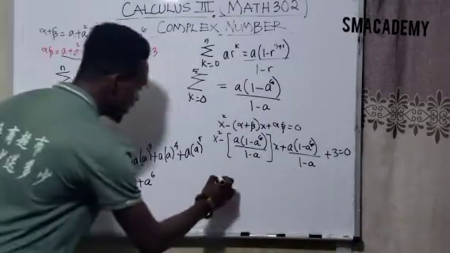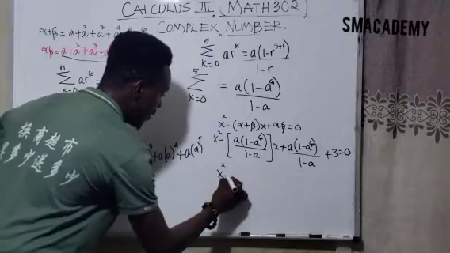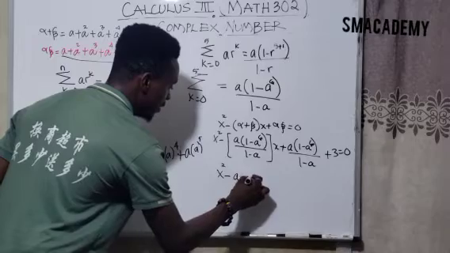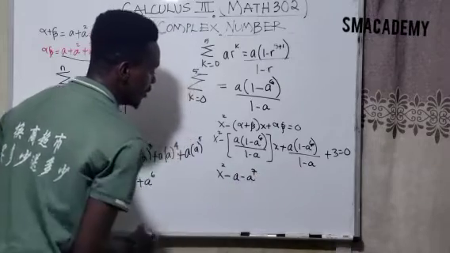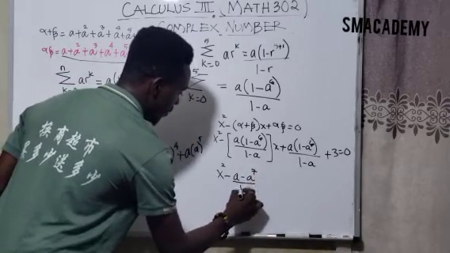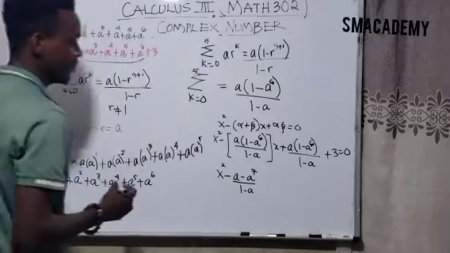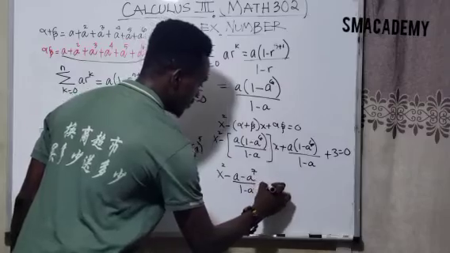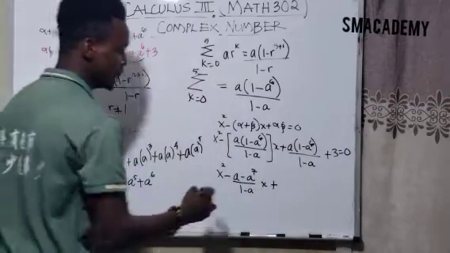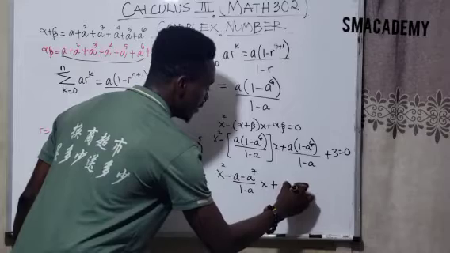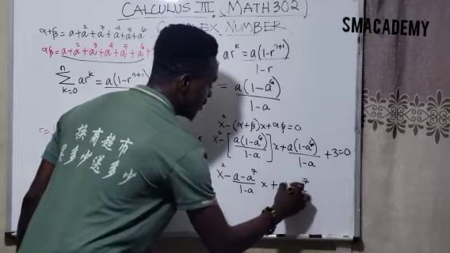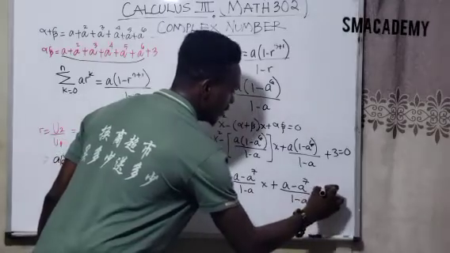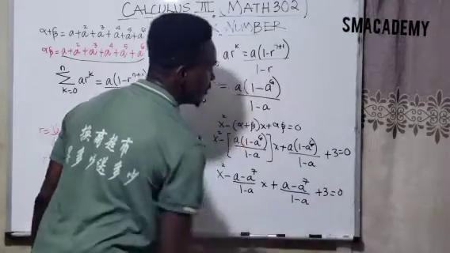So if we simplify, we'll have x squared minus, multiplied by a in parentheses, a minus a to the 7th power divided by 1 minus a, times x, plus, multiplying again, a minus a to the 7th power all divided by 1 minus a plus 3 should be equal to 0.